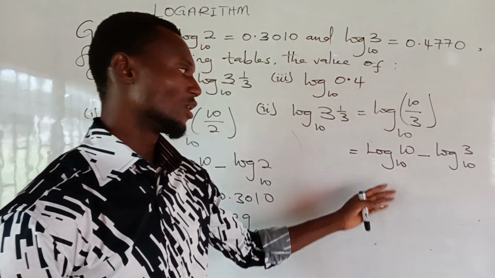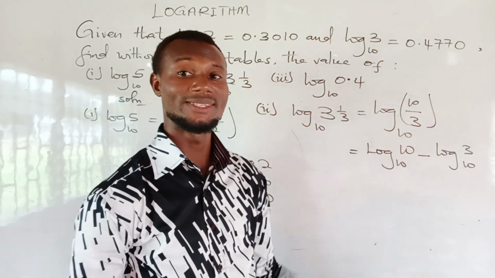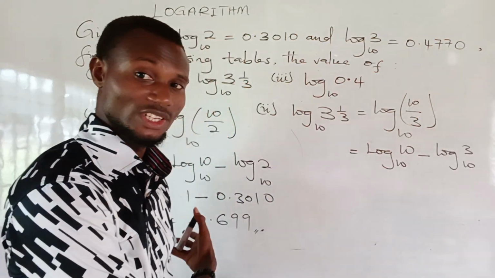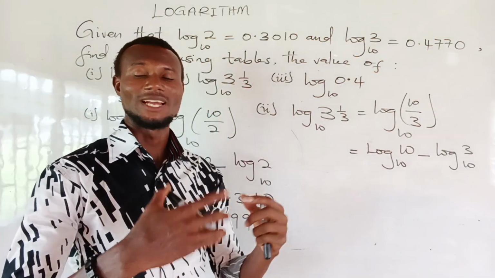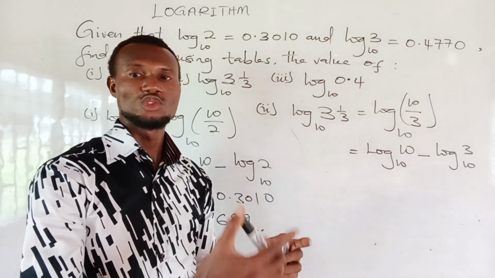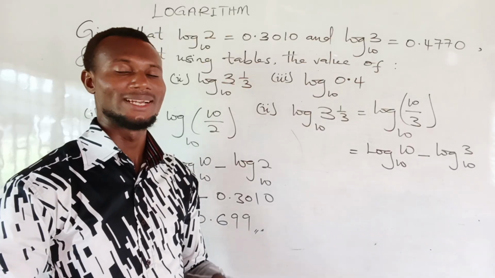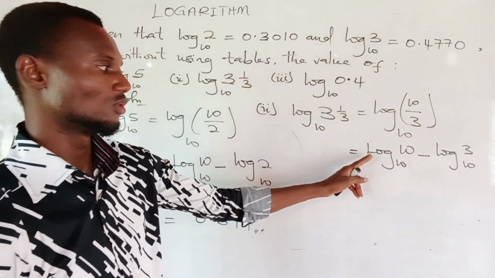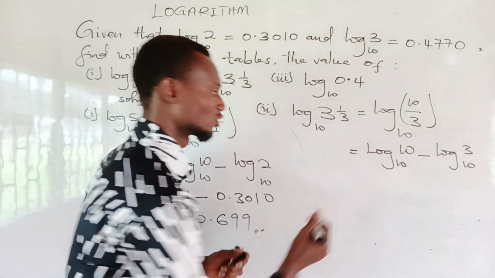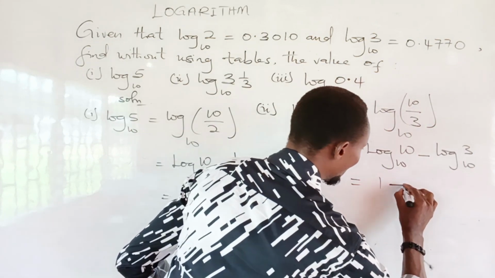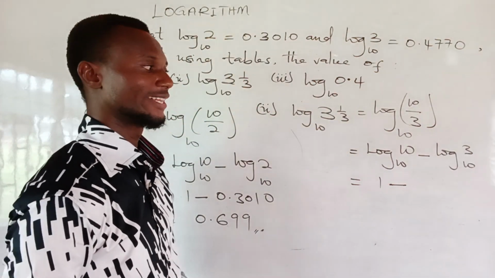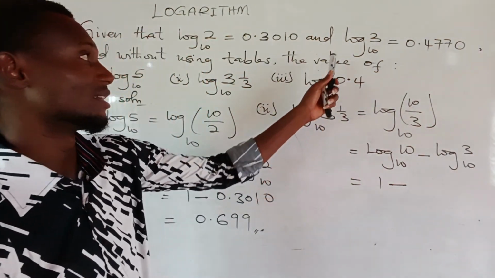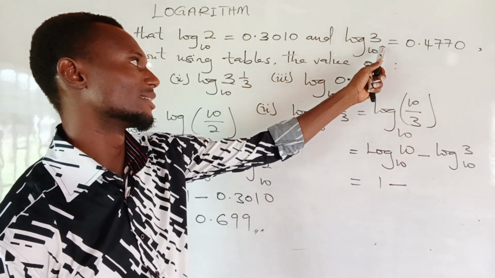Now from here, we know that log 10 to the base 10 is 1, as we did to this one. So the log of any number to the base of that same number is always equal to 1. So log 10 to the base 10 is 1. So I'm going to have 1 minus, then the log 3 to the base 10, its value has been given, log 3 to the base 10.